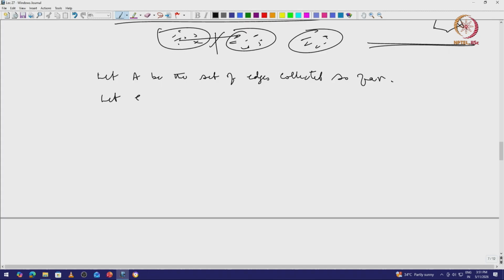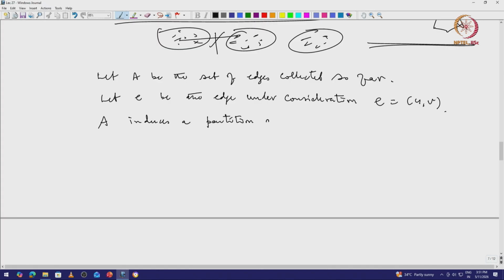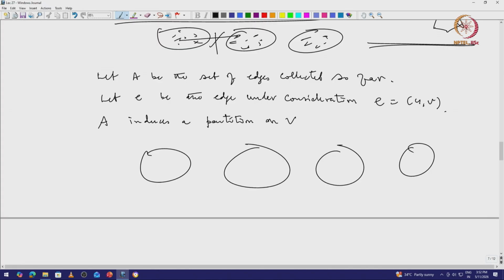Let e be the edge under consideration, let e equal to (U,V). A induces a partition on V. Therefore, V is going to look like this. This is the set of all vertices.